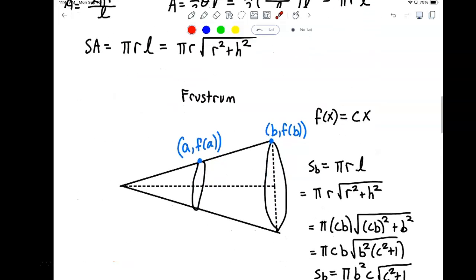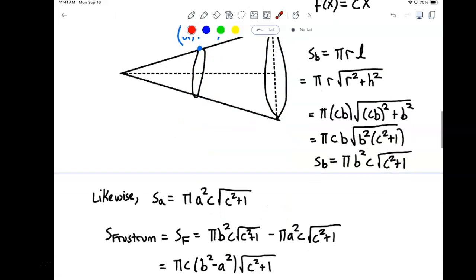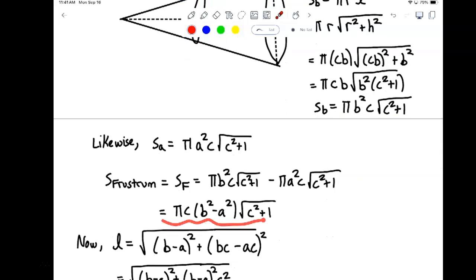We then turned to a cone with its top cut off, which is called a frustrum. And from that object, we were able to work out, through some computation, the formula for the surface area of a frustrum, which was a very messy formula.